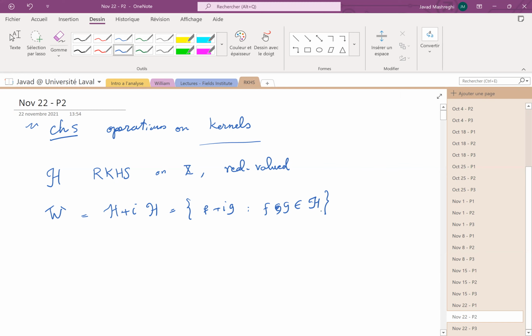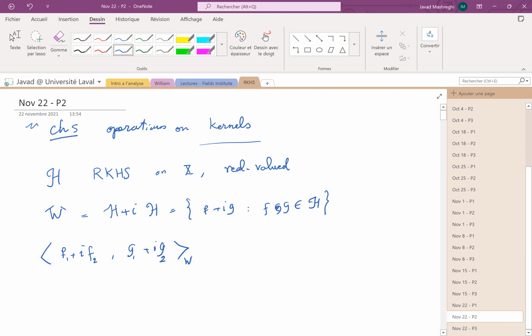What is the inner product of f1 + i f2 and g1 + i g2 in W? Simply, we ask ourselves what we want this to be. We want it to be an inner product, so we should be able to expand.